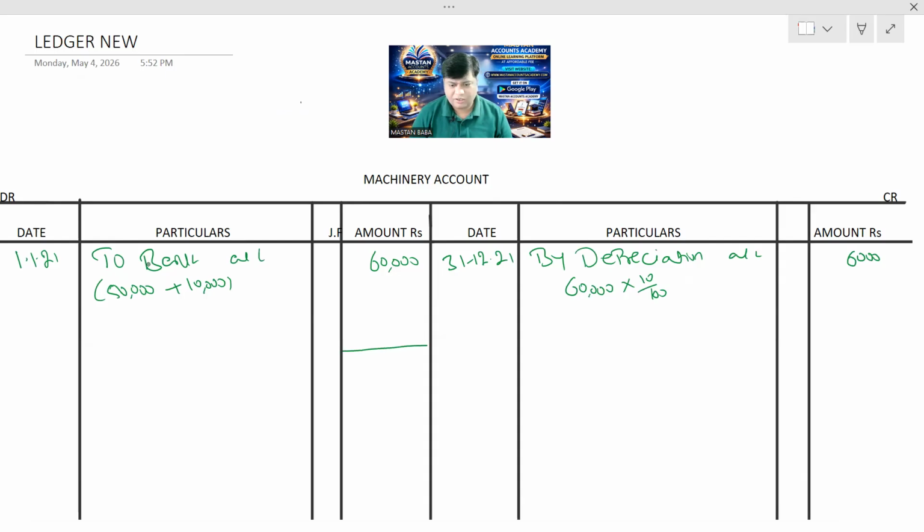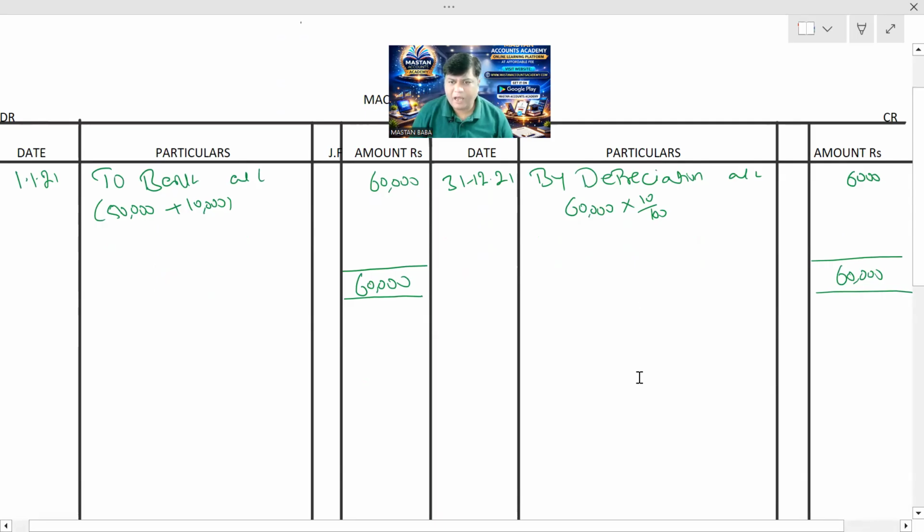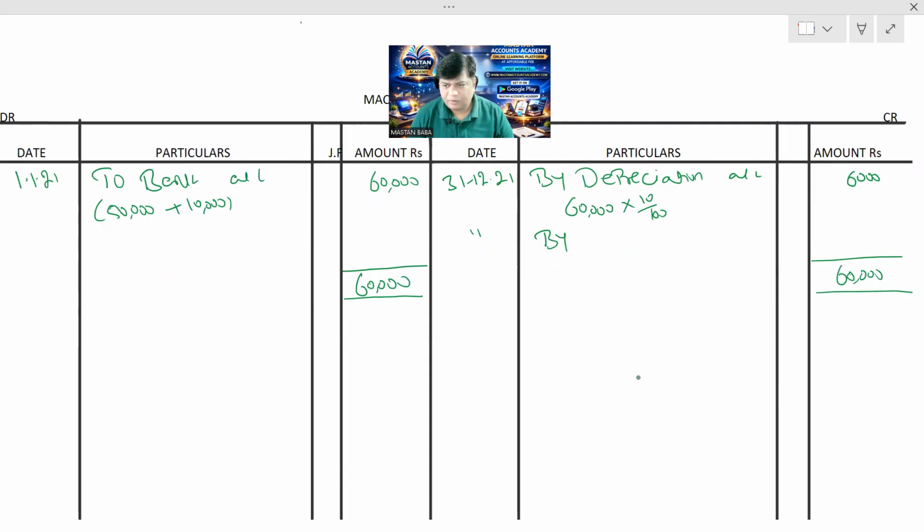Now balance the ledger. Always the debit will be higher in asset accounts. 60,000, 60,000 rupees. By balance carried down.